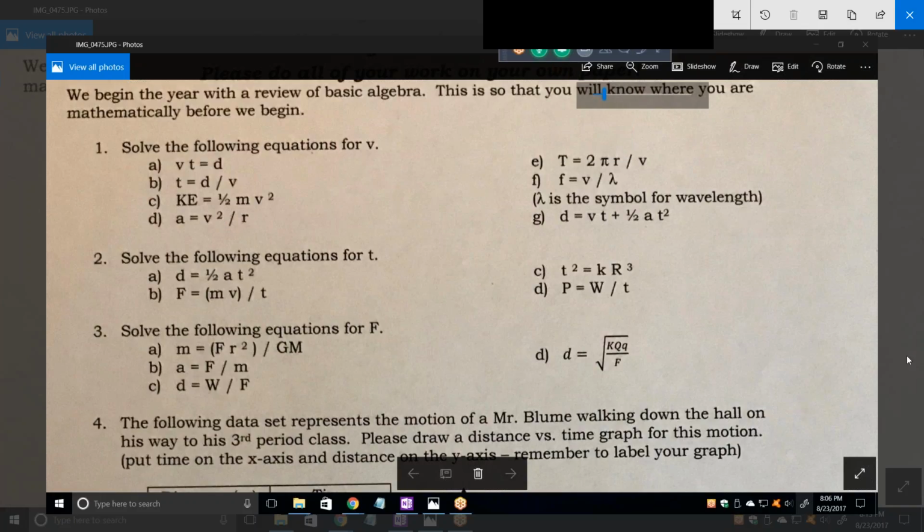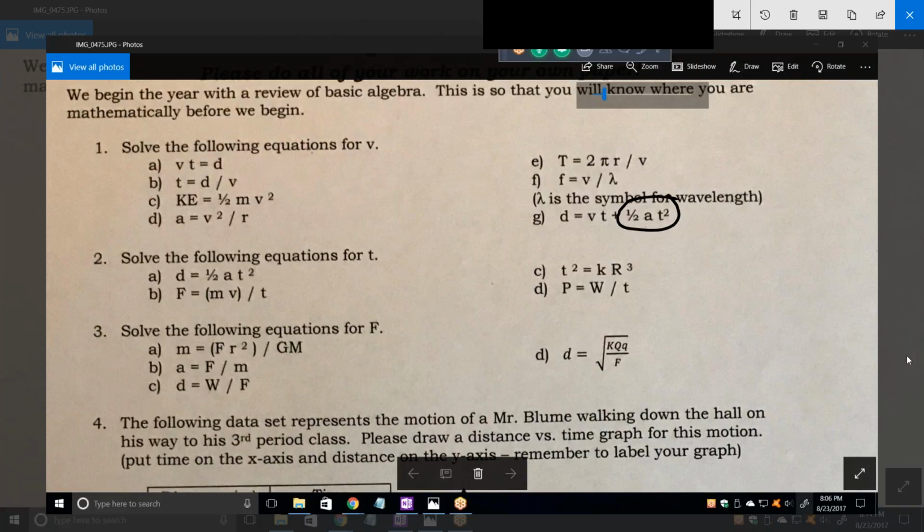Okay, let's solve for G. First thing I gotta do. So for this one, we would divide by T on both sides. Not yet. Always do your subtraction and your addition first. So I want to get rid of that, right? It's being added right now.